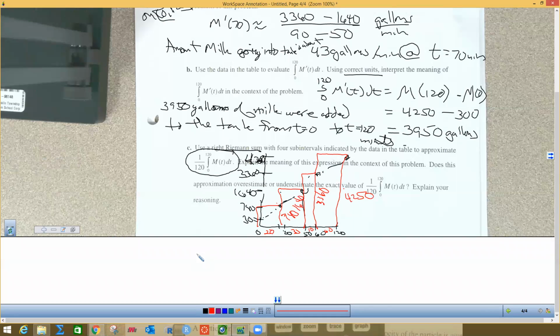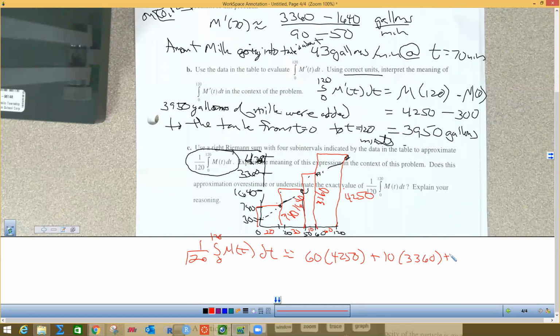So we are approximating this one. So we're going to get 1/120 times the integral from 0 to 120 of m of t dt is approximately, and we're going to start over here and do this base, which is 60 times 4250 plus this next one is 10 times, I think that's 3360, I hope.